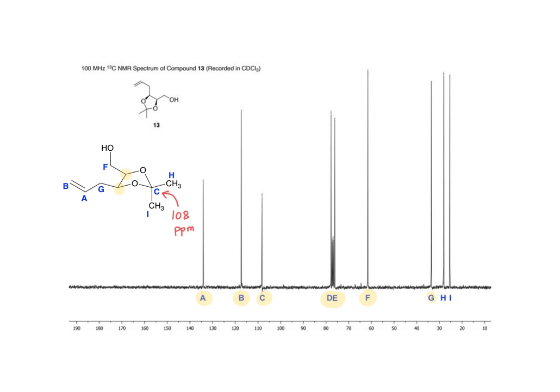G may be the allylic methylene group. Again, it would be nice if we had a DEPT spectrum to show that it is a methylene and not a methyl group. But then I is assigned as a pseudo-axial or shielded of the methyl groups, and then H is a pseudo-equatorial, less shielded of the methyl groups.